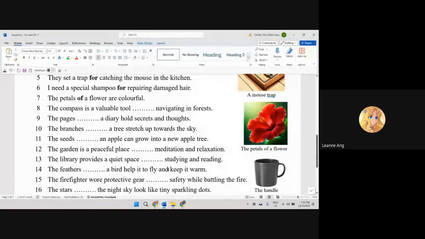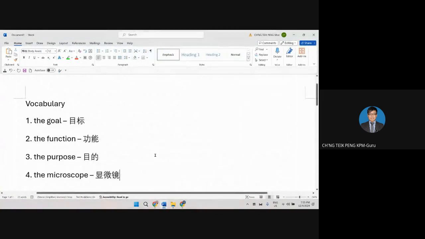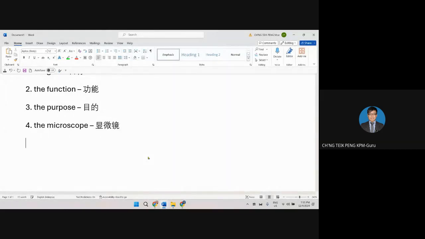The compass is a valuable tool for navigating in forests. Very good. The compass is a valuable tool for navigating in forest. So navigate means to find the right way, to find the right direction. Navigate. It's a verb. It means to find the right ways, to find the correct direction. 找到正确的方向啊，那个就是 navigate.